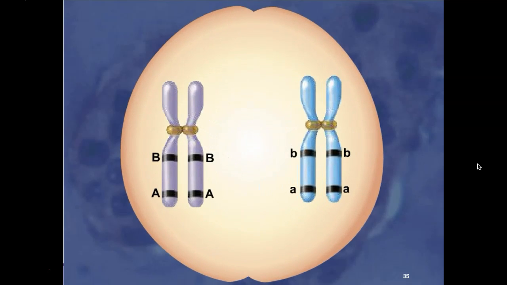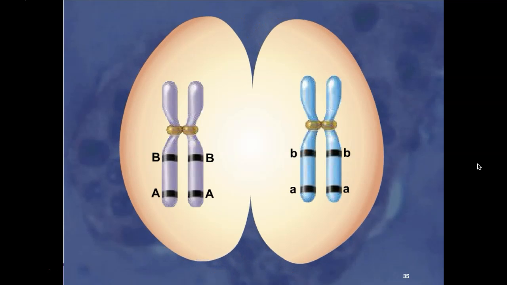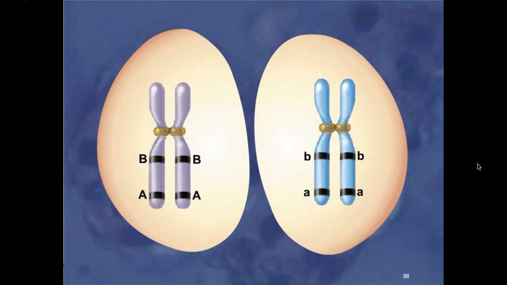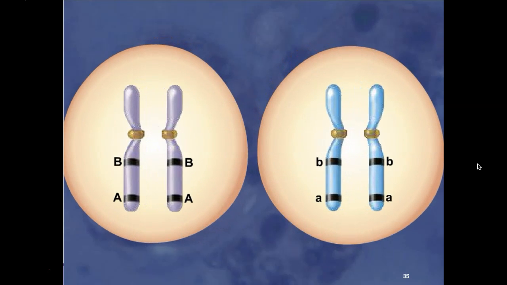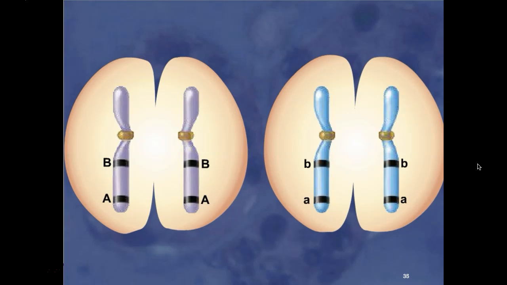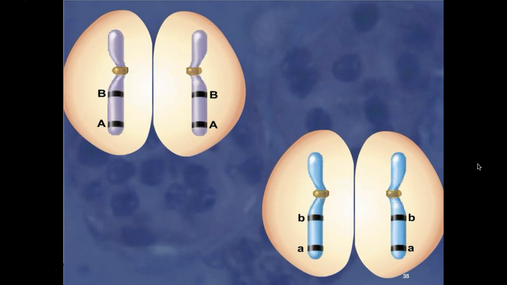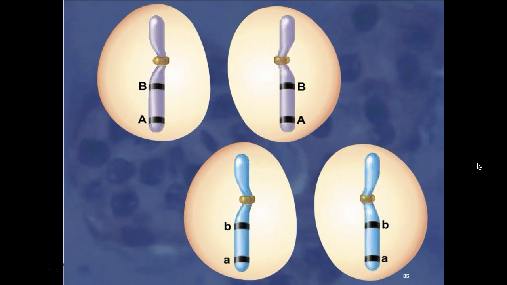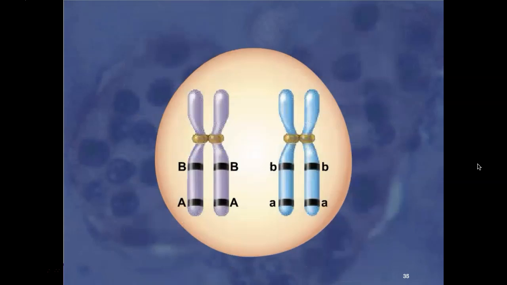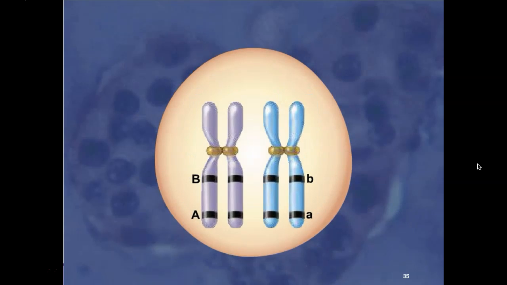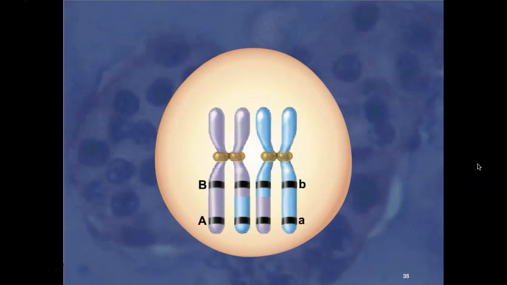In this example, one parental chromosome had alleles uppercase A and uppercase B, while the other had alleles lowercase a and lowercase b. Without crossing over, each haploid cell produced will inherit a chromosome with the same combination of alleles as was on one of the parental chromosomes. Thus, the arrangement of genes is not altered in this case. Now consider the case where there is crossing over in the region between the 2 genes.